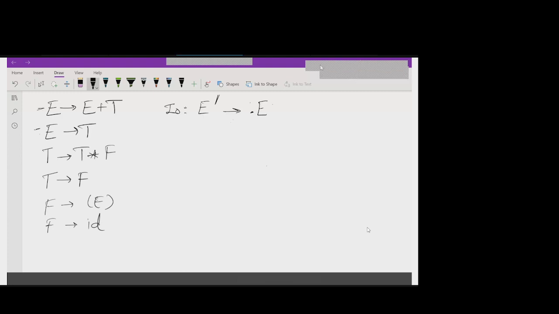Okay. Now what you have to do is start this dot from here. And if after this dot there is a non-terminal symbol, then in this particular set you have to include those productions which have this symbol on the left side. So after the dot, E is there. E is a non-terminal symbol.